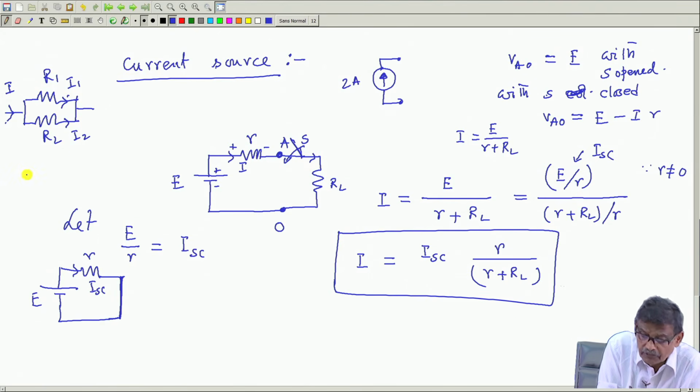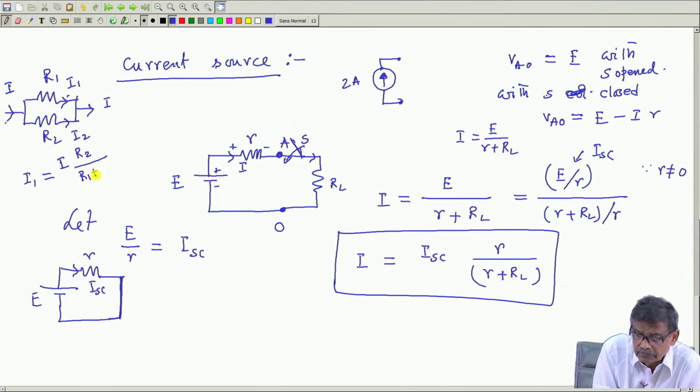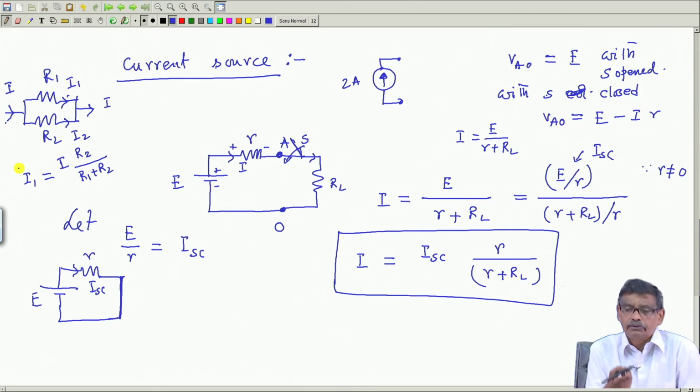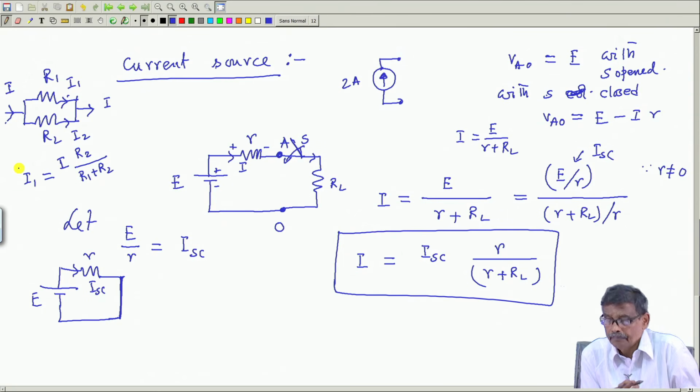What will be the value of I1? Suppose I is known, this will be equal to the total current coming to this parallel combination, this is also I, total current into the other resistance R2 divided by R1 plus R2, is it not?